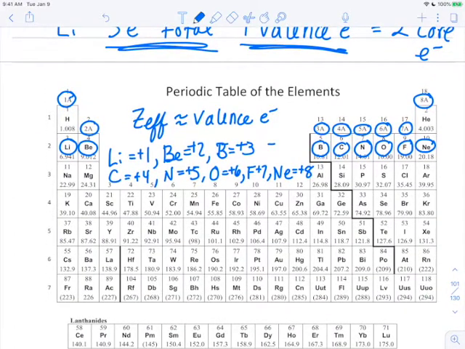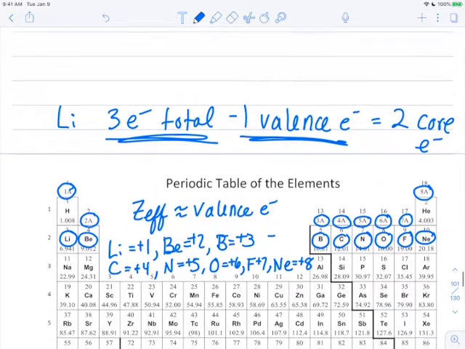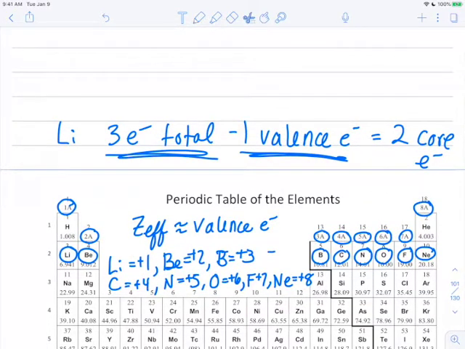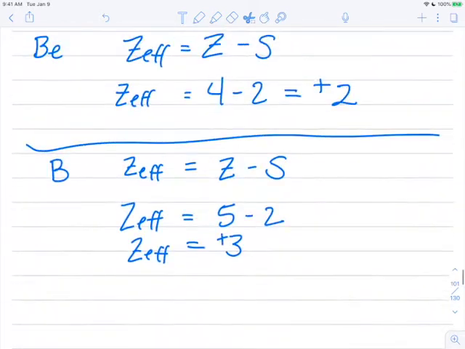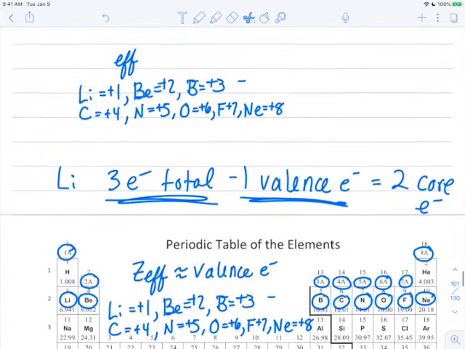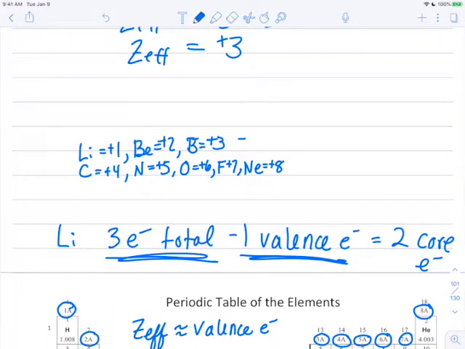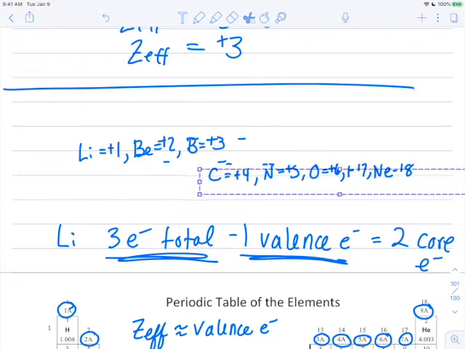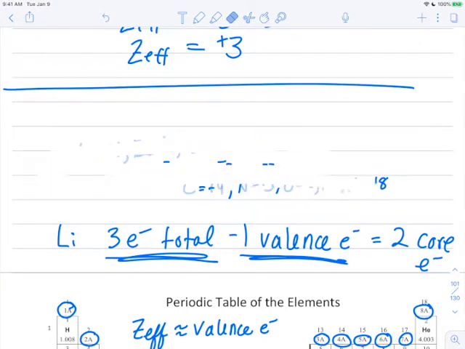All right, so questions on anything here? All right, so let's go ahead and take a look at all of these. And just rewrite them.